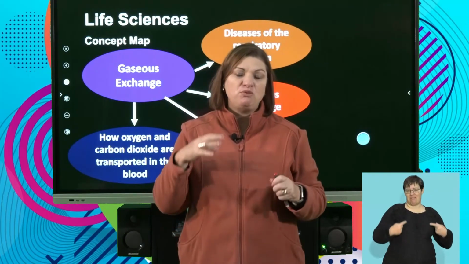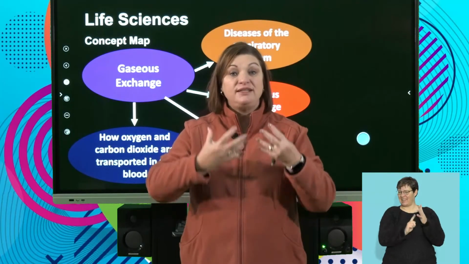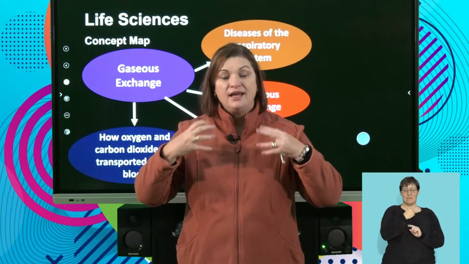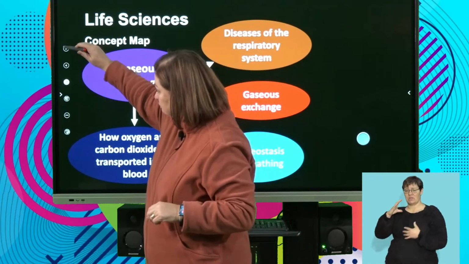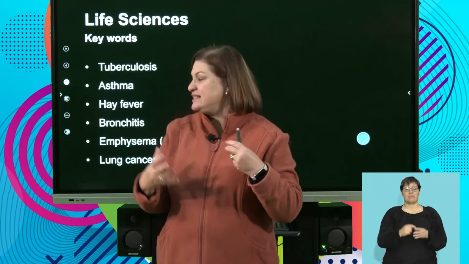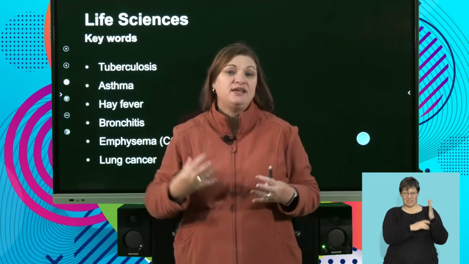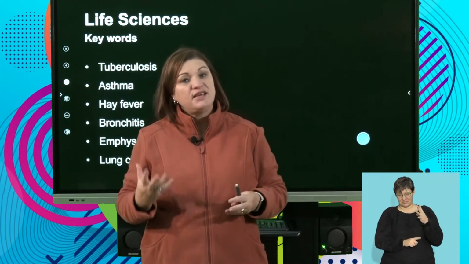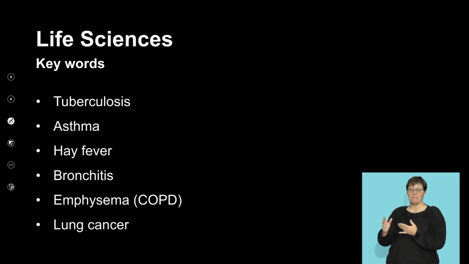So very often when we look at the diseases, how does it affect our ability to take oxygen in and our ability to release carbon dioxide? Again, there are a few terms on the board. Basically, the terms that I've put there are the different diseases or conditions that we are going to look at. Some we're going to see are quite severe, and some are just everyday, ordinary things that might be a little bit unpleasant for us.